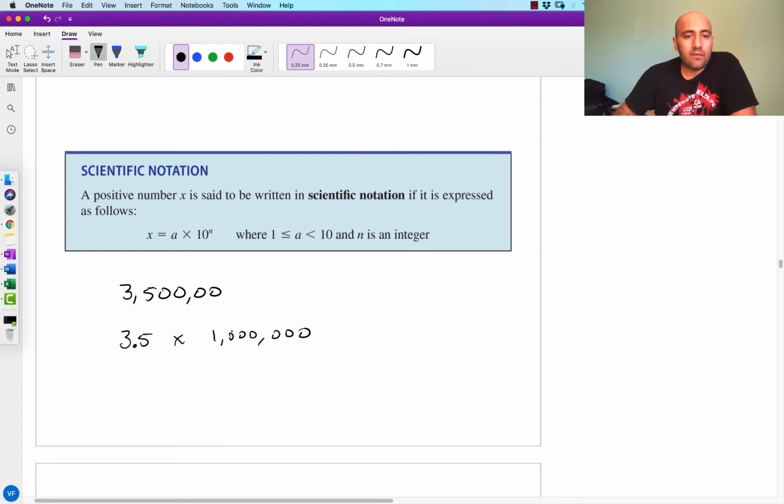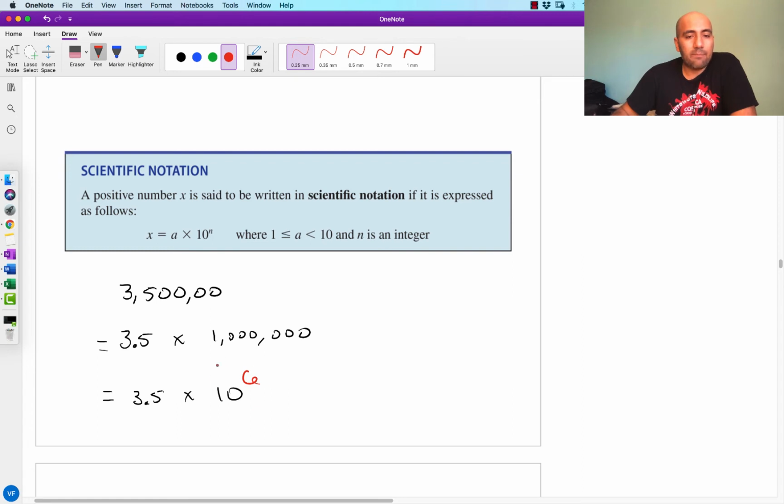And then 1 million is something that can be written as a power of 10. And remember, to write this as a power of 10, we count the spaces. So 1, 2, 3, 4, 5, 6 spaces.